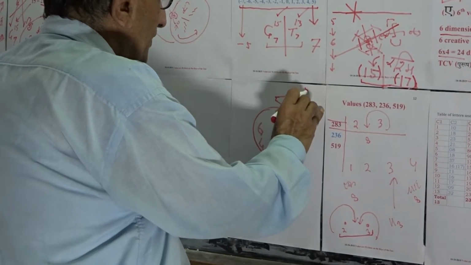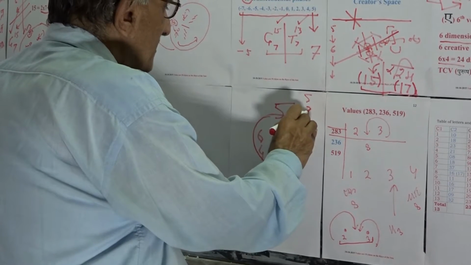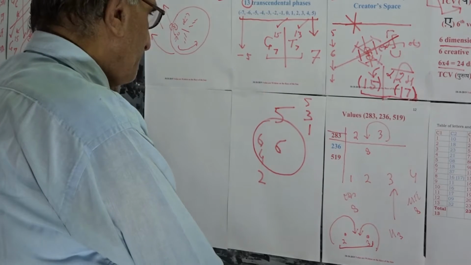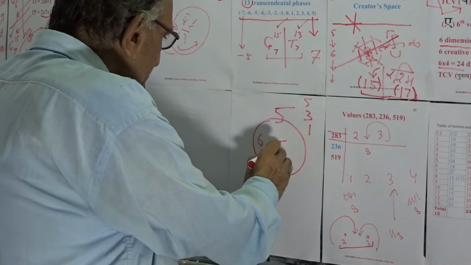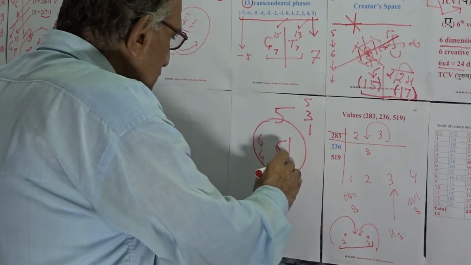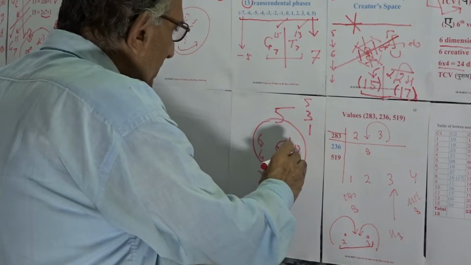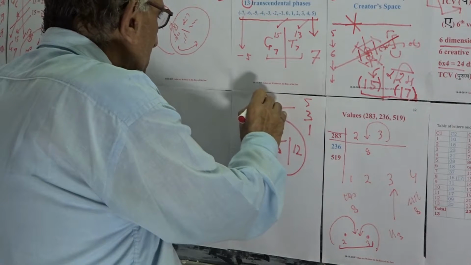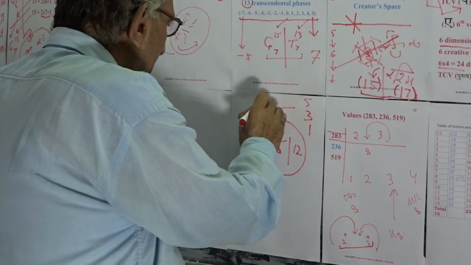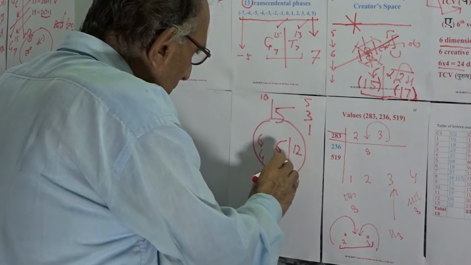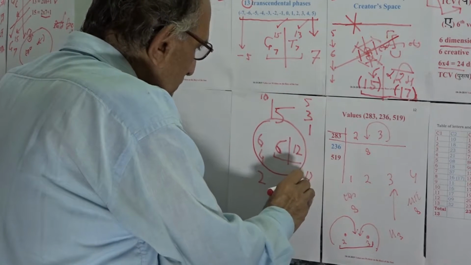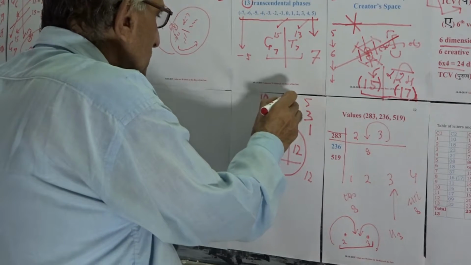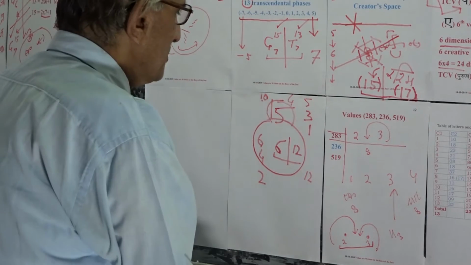Here we know 5 space is having 3 space as dimension and 1 space as dimension of dimension. Now 6 space we know is leading us to 12 boundary components, and 5 space is leading us to 10 boundary components. Therefore, at its boundary there is a 12 place value system, while at its boundary, where 4 space is playing the role of boundary, here is a 10 place value system.